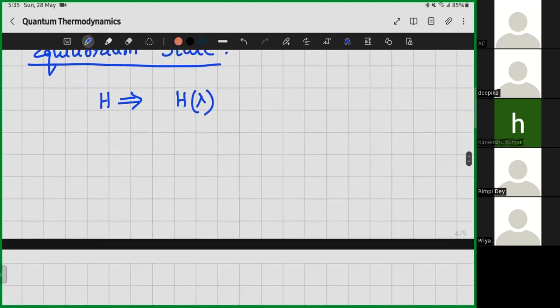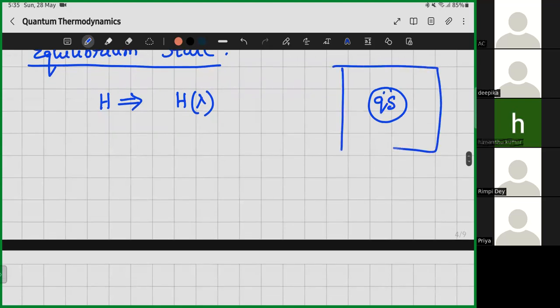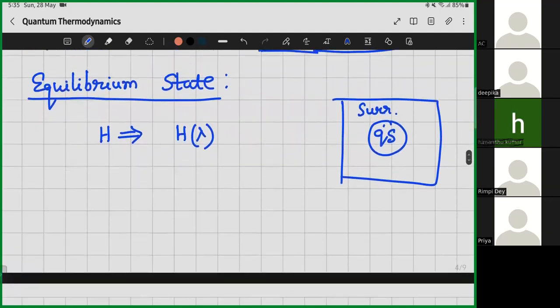Now we are saying that any quantum system, let's say this is some quantum system. In classical thermodynamics, we consider system and surrounding. Here also we consider a quantum system, and the rest is the surrounding. Just the system is quantum; the surrounding is not quantum, it is the classical surrounding.